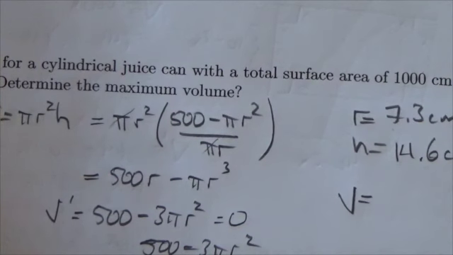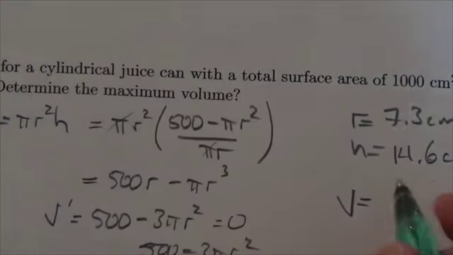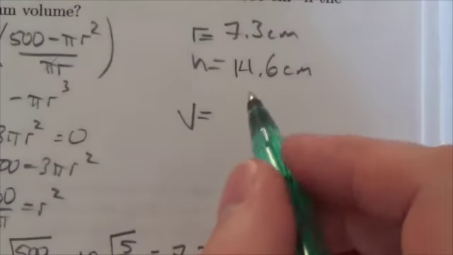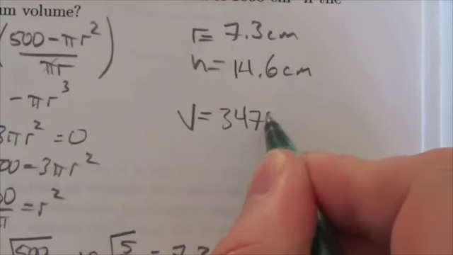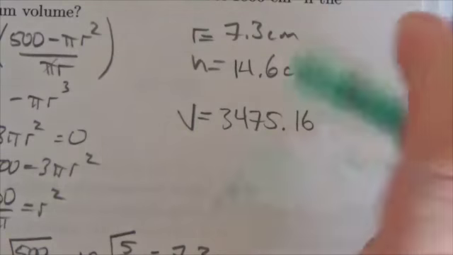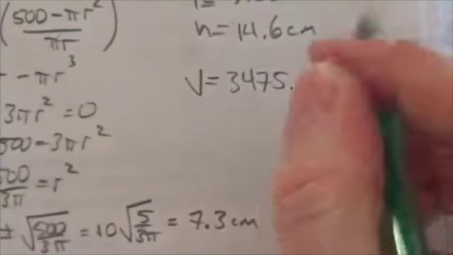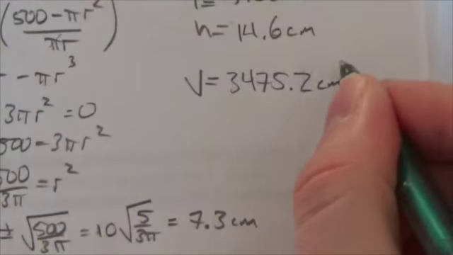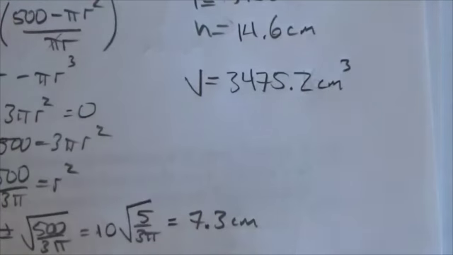And I screwed something up there. Sorry, I'm just using my calculator here. Okay, yeah, that makes way more sense. Sorry, calculator just went all wonky on me. We'll round that to the nearest tenth. Centimeters cubed. Just want to plug that in. There we go.